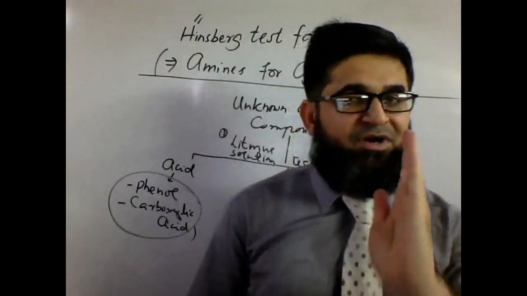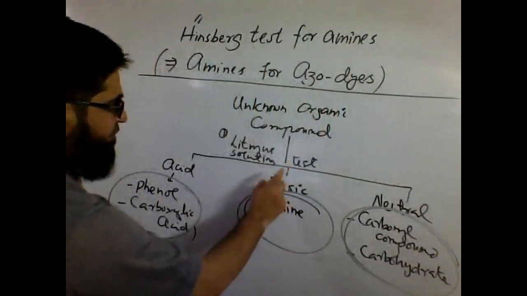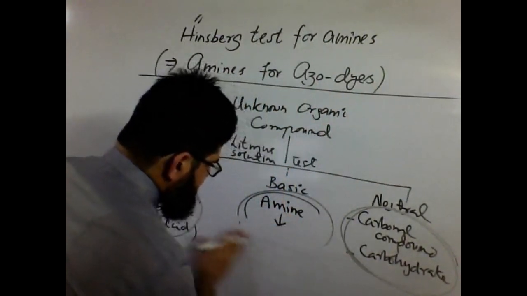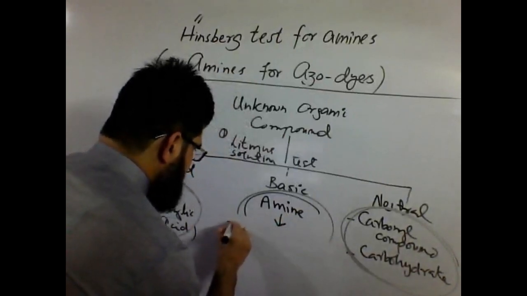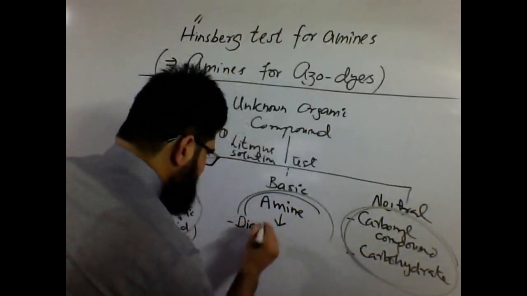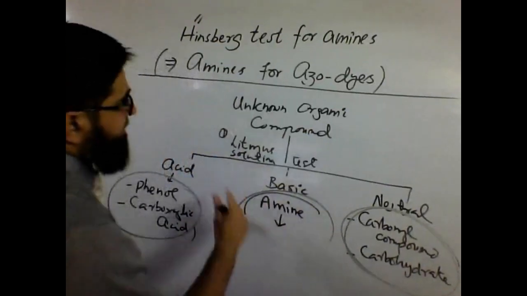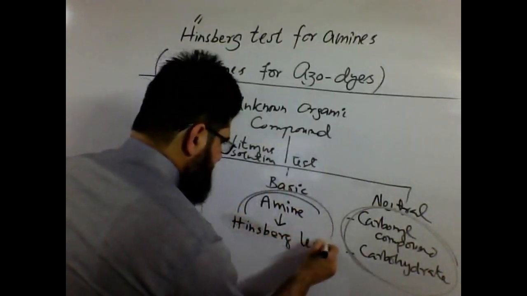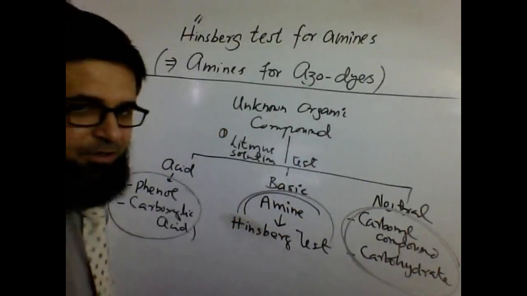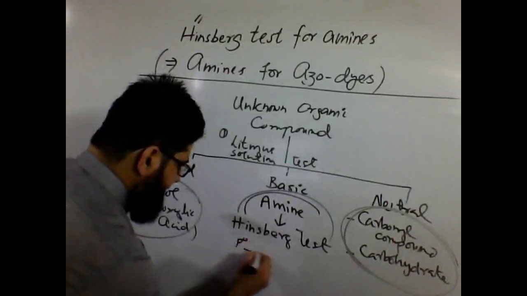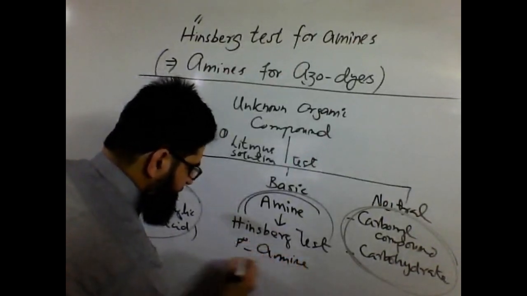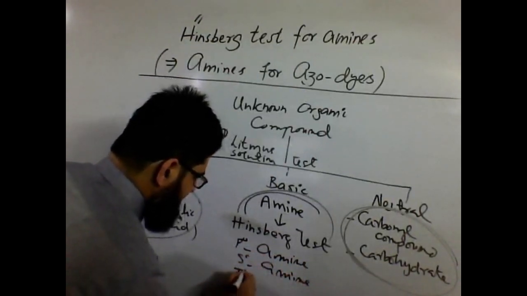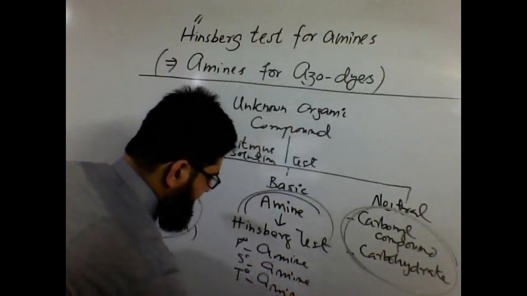Once your litmus solution suggests the given compound is an amine, then you can confirm by using the diazo test, or I would say you should apply the Hinsberg test. Using the Hinsberg test, you can distinguish whether it's a primary amine, a secondary amine, or a tertiary amine, as I've explained in very good detail.